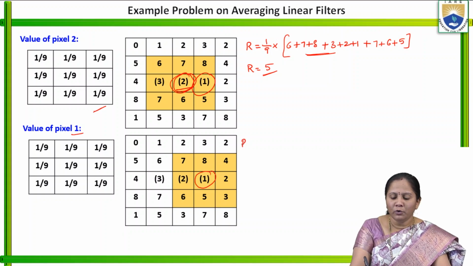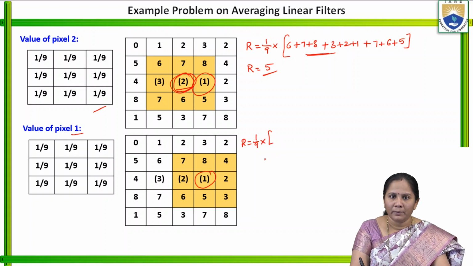Now we need to find the new value of this 1. Considering the neighborhood pixels, multiplying them with the weights of the mask, we get 1/9 into 7 plus 8 plus 4 plus 2 plus 1 plus 2 plus 6 plus 5 plus 3.